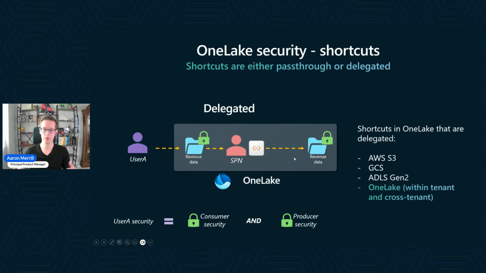So you get this composition of security from the producer side and the consumer side, and it takes the most restrictive view between the two of them. So if you look at a concrete example, let's say the service principal can only see rows for North America. I can then configure additional security over here that says users.